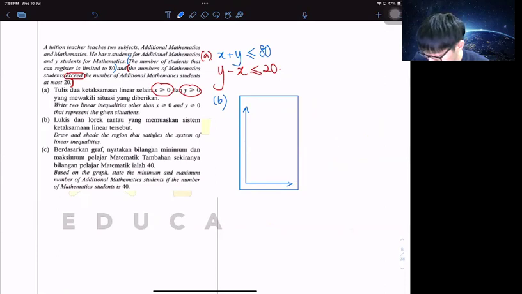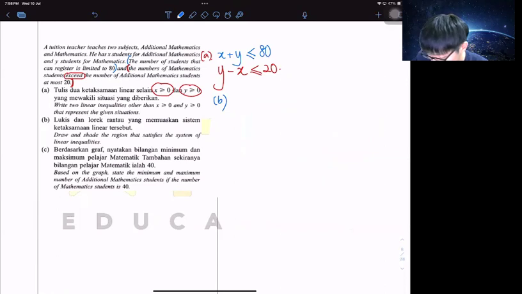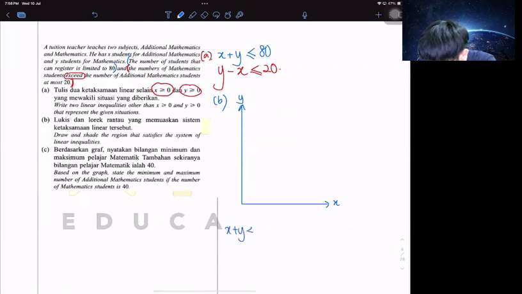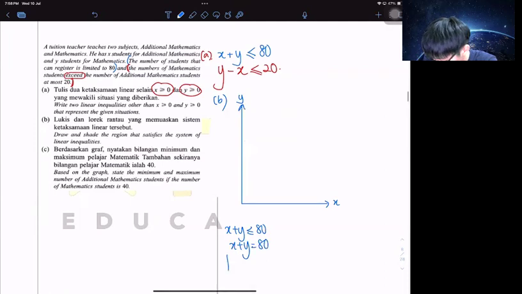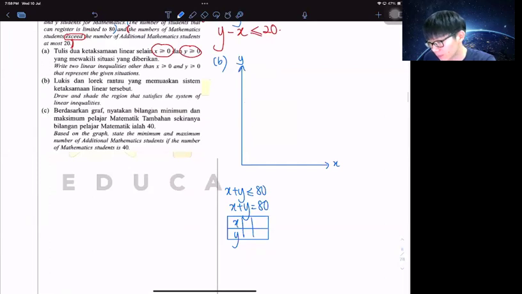Anyway, I already explained what I wanted to explain, so back to this one. X and Y, you can safely start at the sides. Okay, now for the blue one, I gotta first know where is x plus y equals to 80. I'll try out my favorite combinations first.